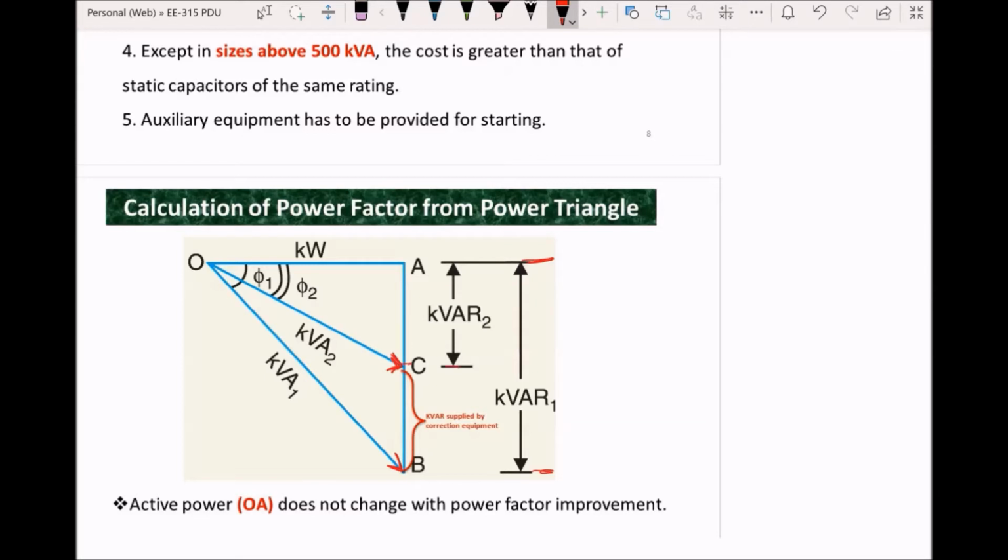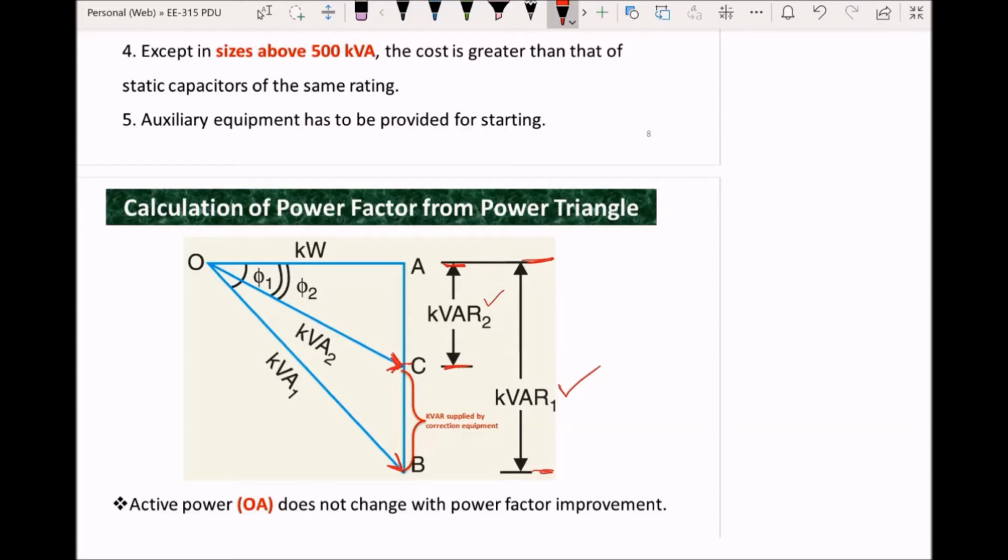So this portion here, this reactive power is the reduced reactive power when the power factor is improved, and the kVAR is reduced because of that power factor correction, and this portion BC is actually the reactive power supplied by the correction equipment. So this KVAR1 was the initial reactive power being drawn, and KVAR2 is the reactive power after the power factor has been corrected.